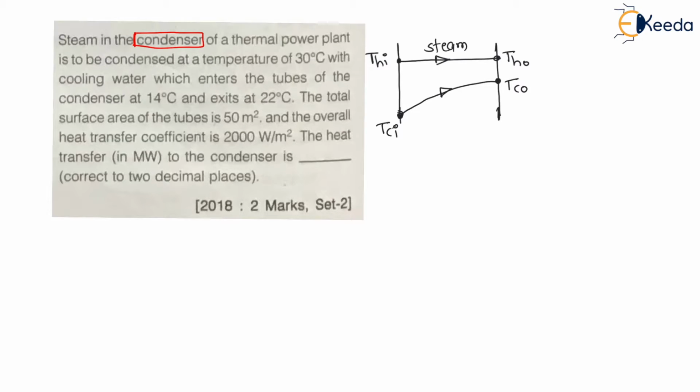And here the cold fluid is given cooling water. Therefore, here water is a cold fluid. And I am considering here parallel flow heat exchanger. If you consider counter flow also, then also answer is same, because it is a special case. If one of the fluid is undergoing phase change, then counter flow and parallel flow calculations are same.